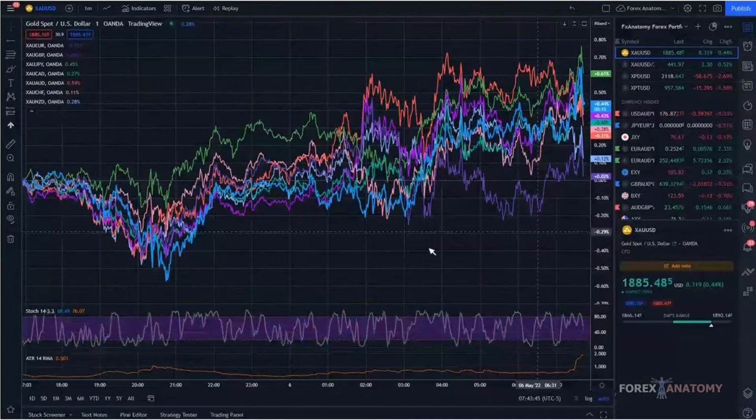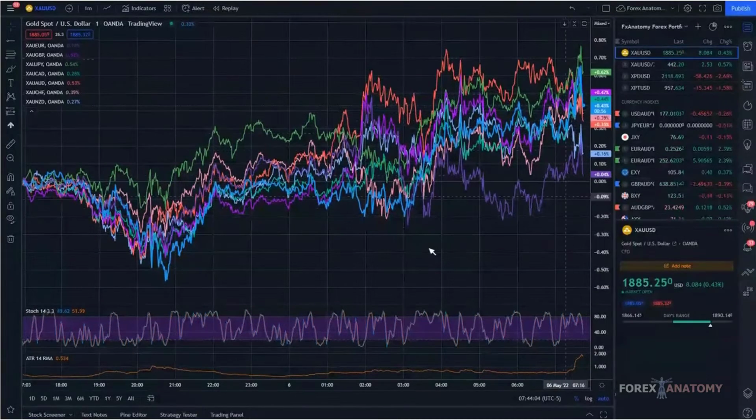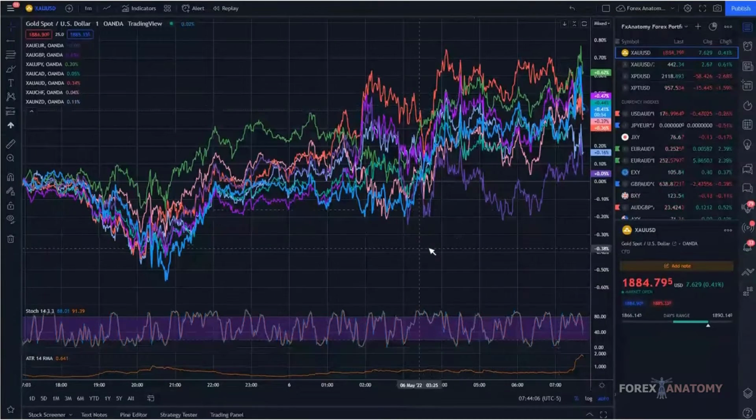Even though it's influenced by monetary policy to a degree, when it comes to yields and interest rates, it's not influenced to the same degree as the dollar would be. So this is just another currency performance spectrum that I think would be good for you guys to add to your TradingView platform.